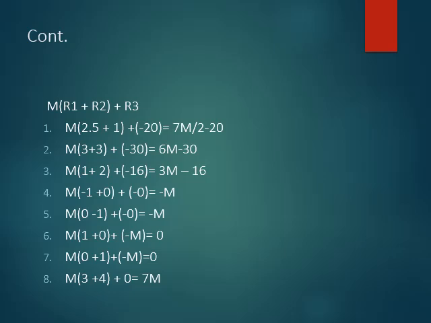The last is M multiplied by 3 plus 4, which is 7M plus 0, so 7M. We applied this formula in order to escape the high negativity of the values in row 3.